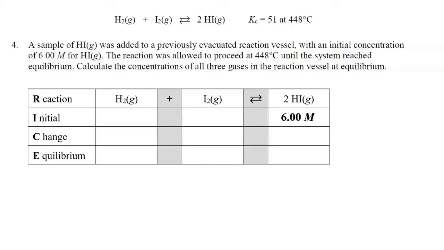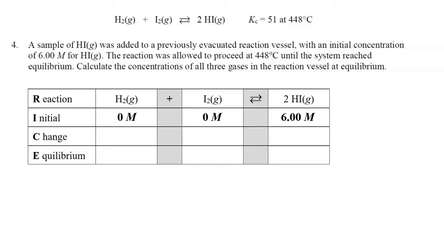So unlike question 3, where we started with a sample of hydrogen and iodine and no hydrogen iodide at all, this is sort of the reverse situation. We're starting with only hydrogen iodide and no hydrogen or iodine present initially. So I'll go ahead and fill in 0 molar for the concentration of the reactants, hydrogen and iodine.